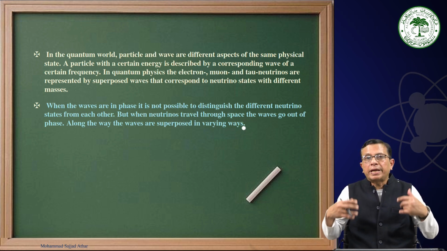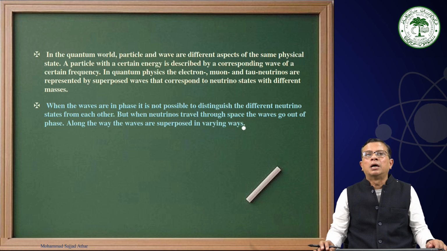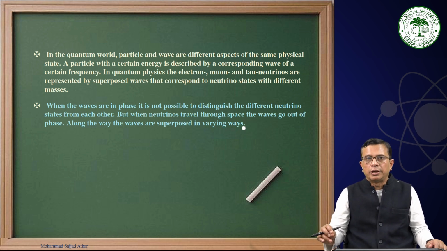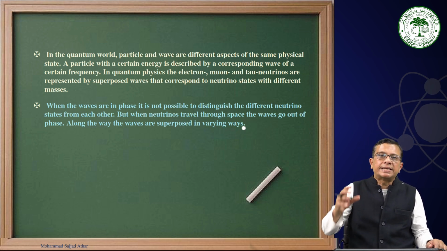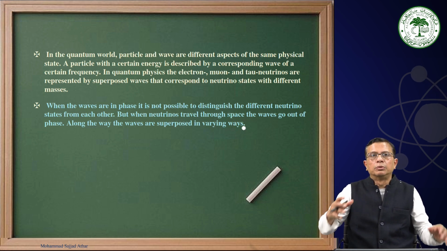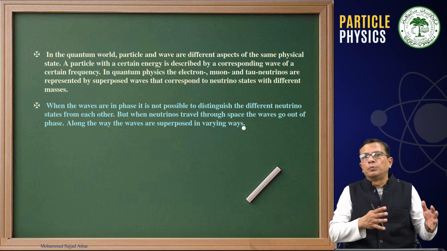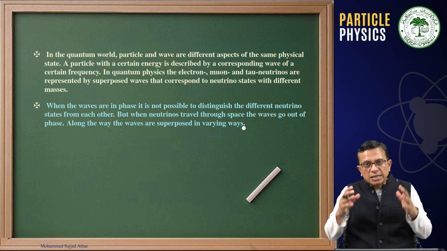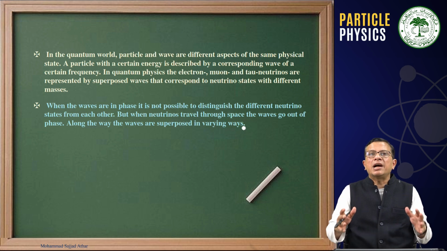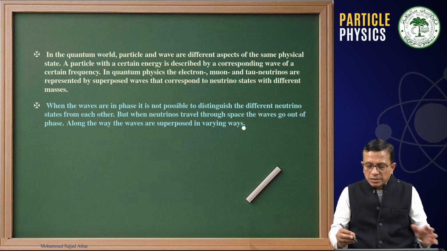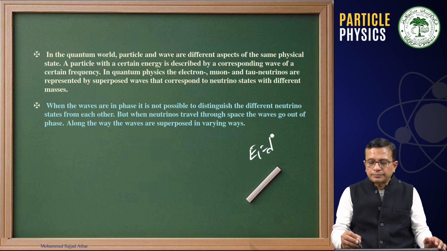But when they propagate in space, the neutrinos which are coming from the sun don't propagate as flavor states, as nu mu or nu tau or nu e. Rather, they propagate as nu 1, nu 2, nu 3 states, which are superpositions of nu mu, nu e or nu tau. And these different states have different masses, they have different frequencies, and since they have different masses, the energies of these particles are different.